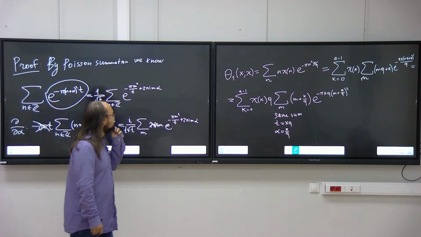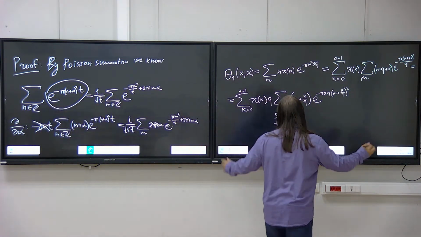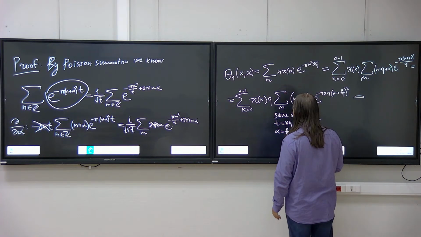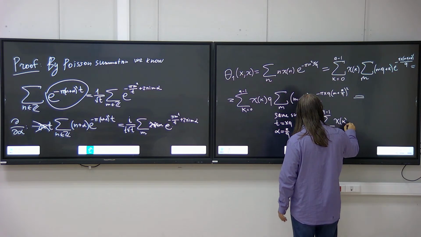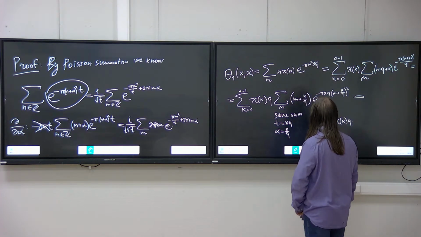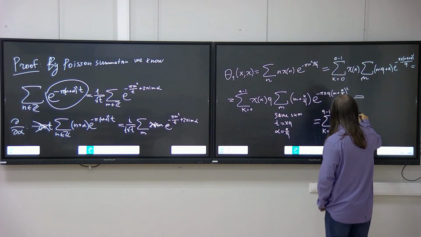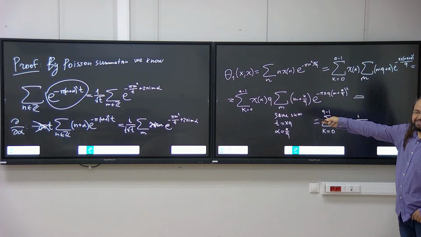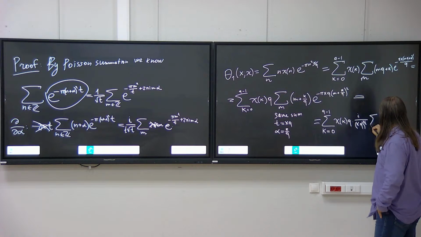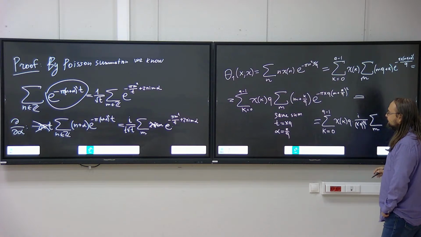So let us transform it. Then we have the sum over k from 0 to q minus 1, chi of k multiplied by q, and then you get i divided by (xq) to the power 3 over 2. And then you have this strange sum, so you get the sum over all m.